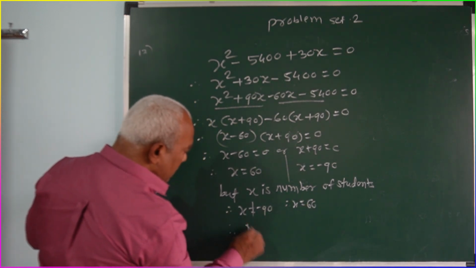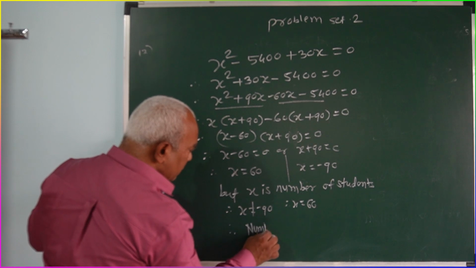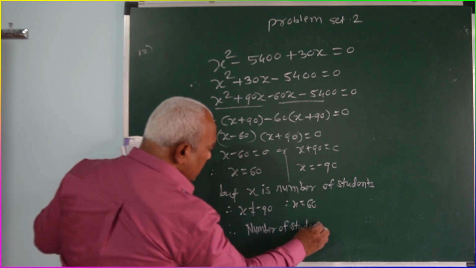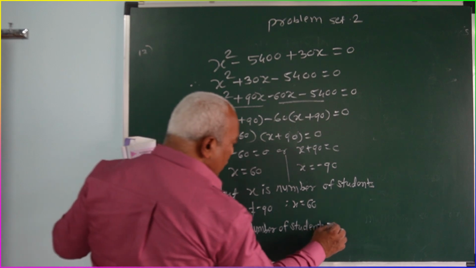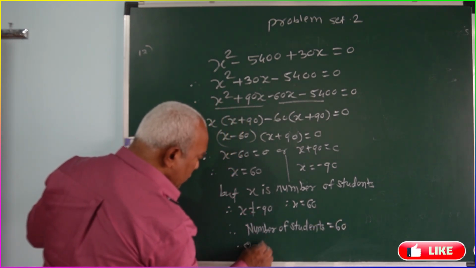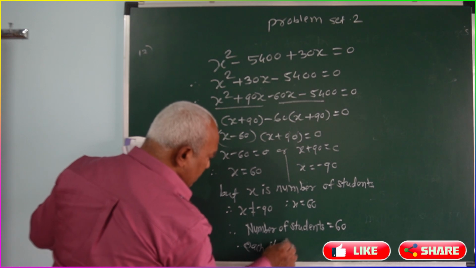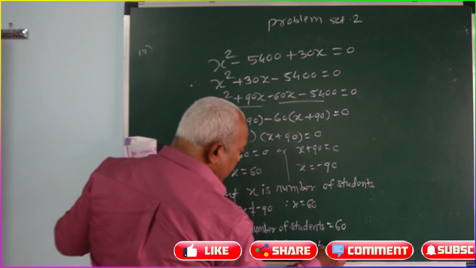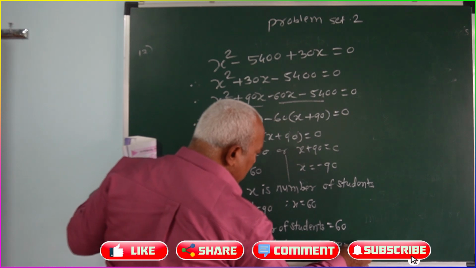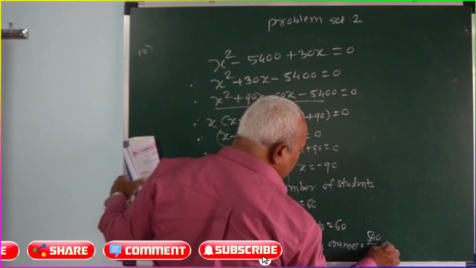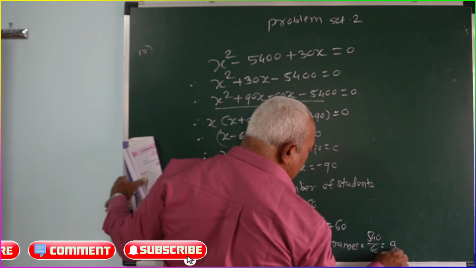Therefore, the number of students is 60, and each student gets oranges equal to 540 upon 60, which is 9.